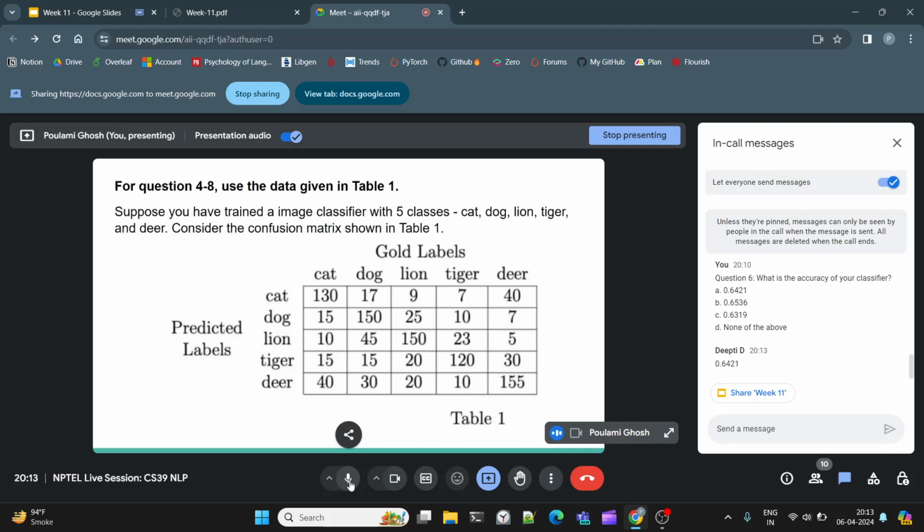Possibly, I will be discussing the solution, but maybe we don't have to average this time. We have to average when we're doing macro. Otherwise, you have to consider the whole thing as one, and then you have to compute the accuracy.